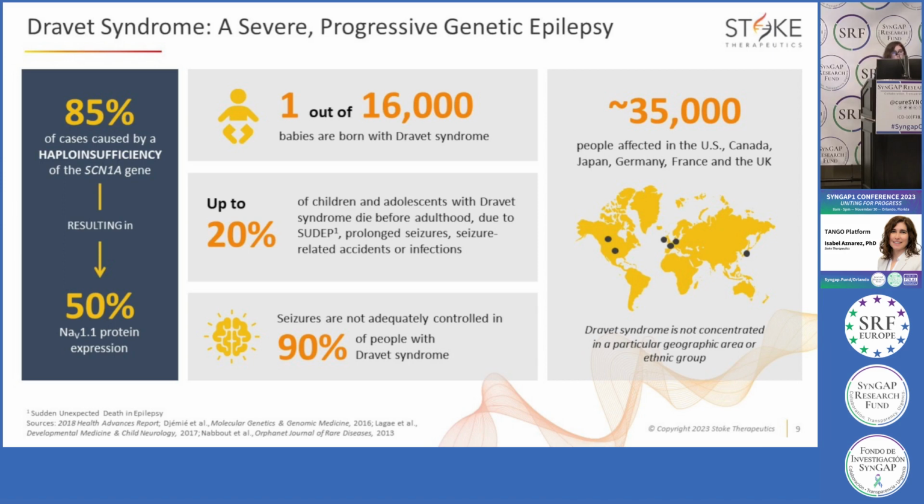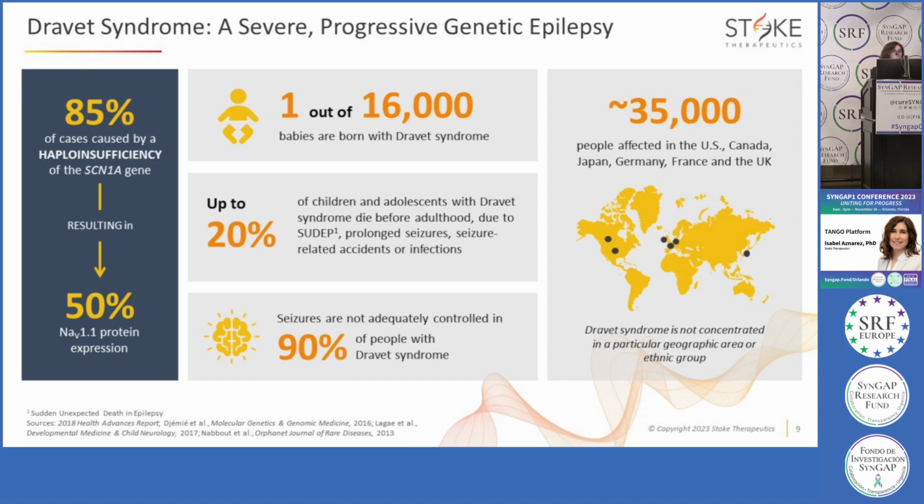About 20% of kids with Dravet syndrome will not reach adulthood. And the vast majority of patients suffer from very severe seizures, status epilepticus. But unfortunately, the majority of these patients don't have their seizures controlled. 90% of patients don't have their seizures controlled.